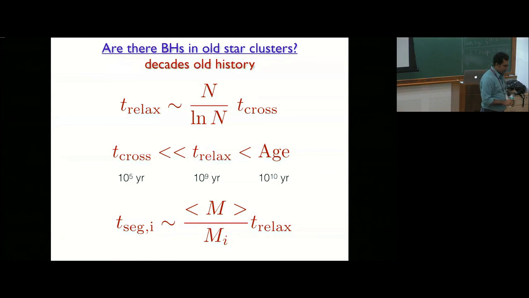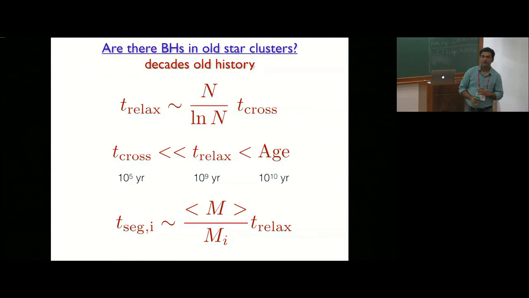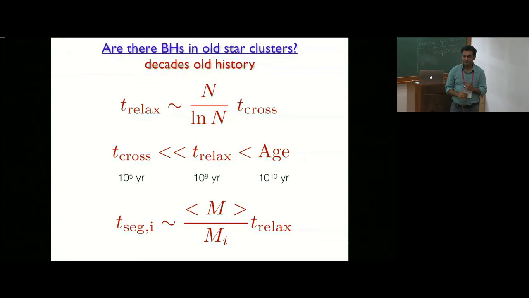It's very clear that in the Milky Way, the conditions are not conducive to create globular clusters today. But we see formation of globular cluster progenitor-like things in all interacting galaxies. So M51, Antennae, there are several different examples.